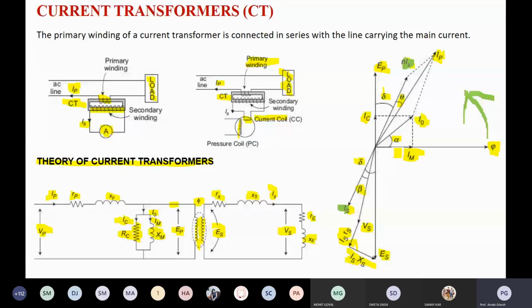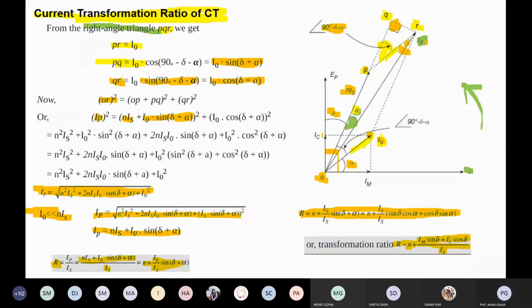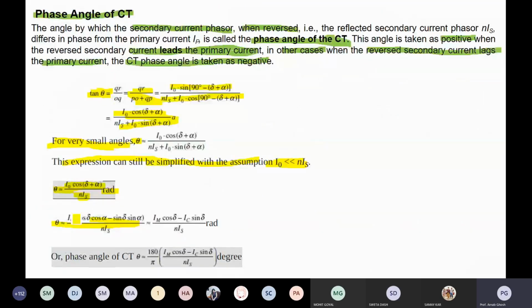So it is coming as (Im cos delta minus IC sin delta) by N into Is. So it is in radian, and the phase angle of the CT is theta. Now we are converting from radian to degree, so the multiplication factor 180 by pi will be there. Finally we are able to find the value of the phase angle.